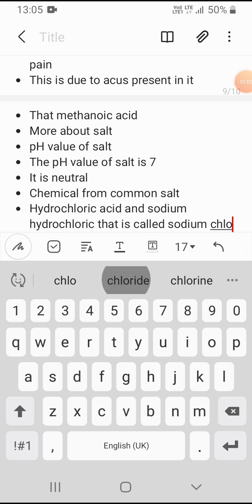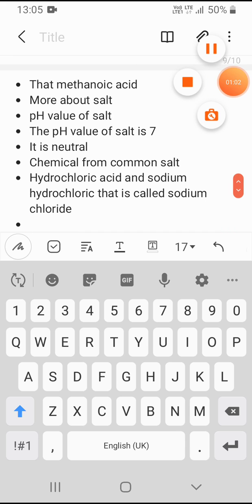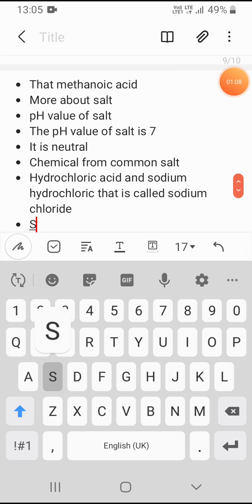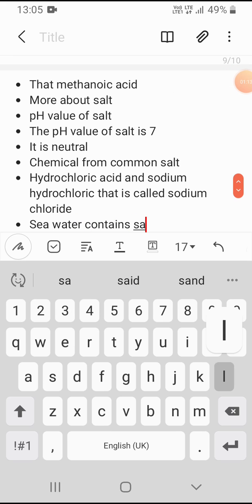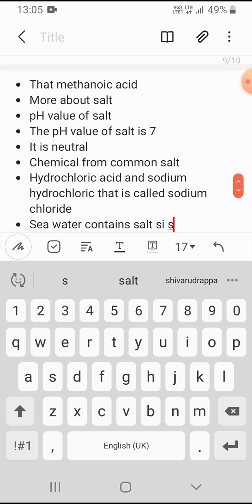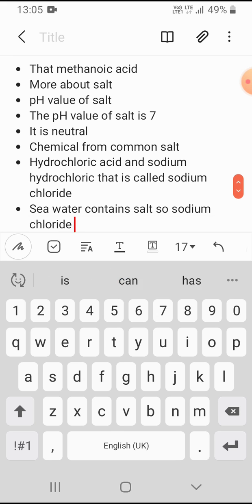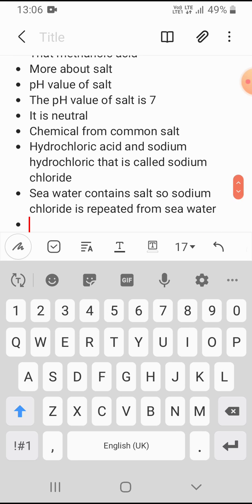We get sodium chloride, NaCl. Seawater contains salt. So salt is sodium chloride. Sodium chloride is separated from sea water.